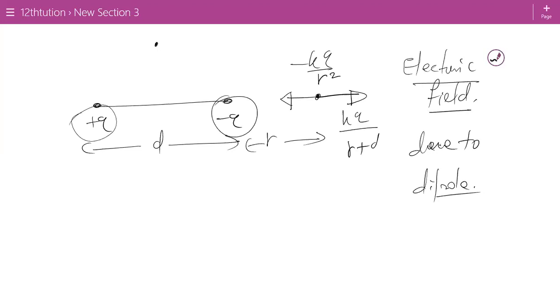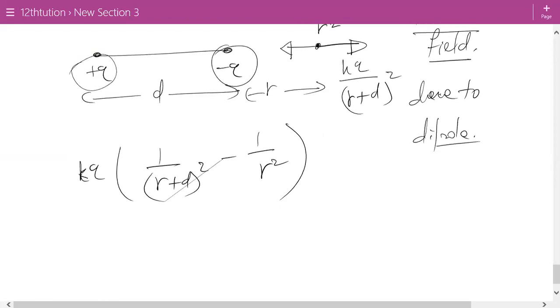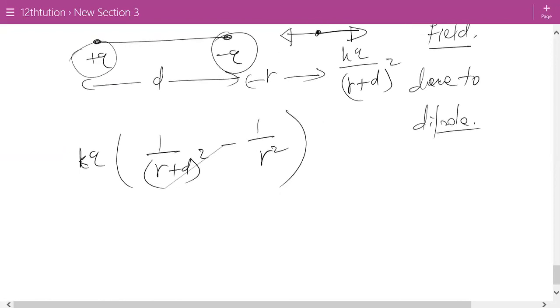So kq will come common: 1 by (r plus d) whole square minus 1 by r square. That will be the electric field at R distance away on the axis.